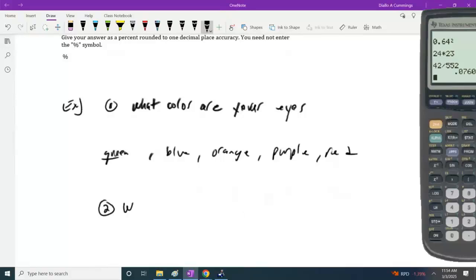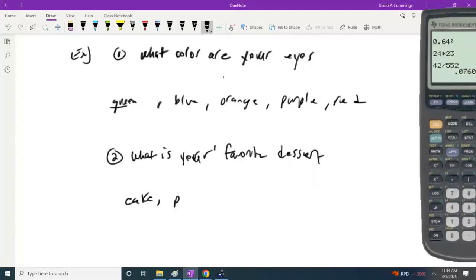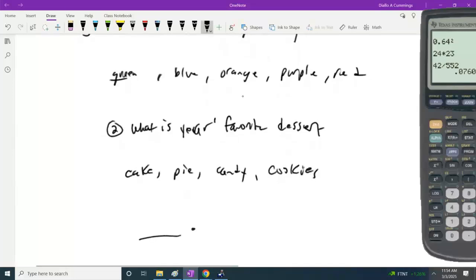So let's say the second question is, what is your favorite dessert? Let's say cake, pie, candy, cookies. That's 4 answer choices, right? So now I'm going to map out 2 outcomes.